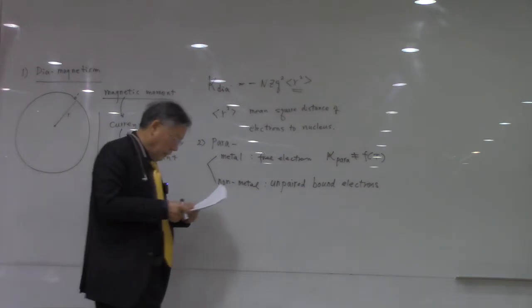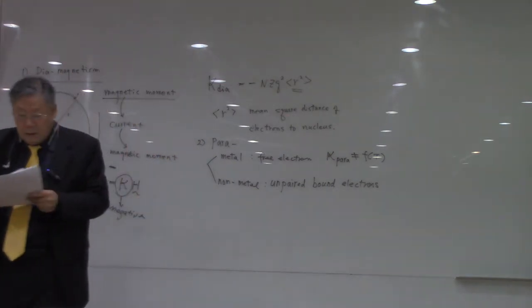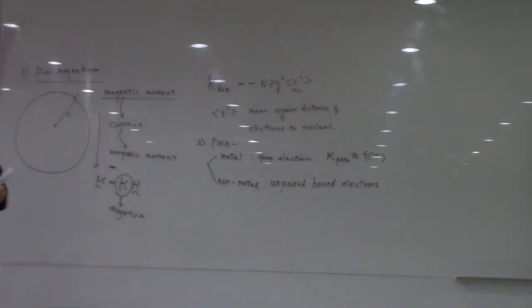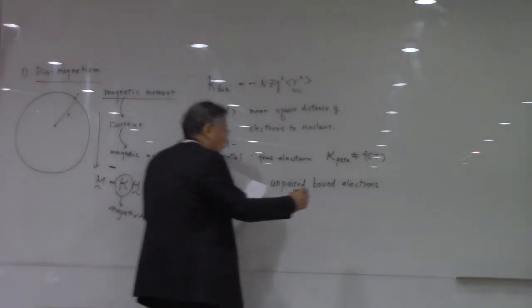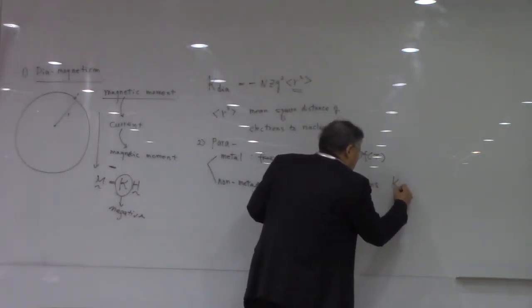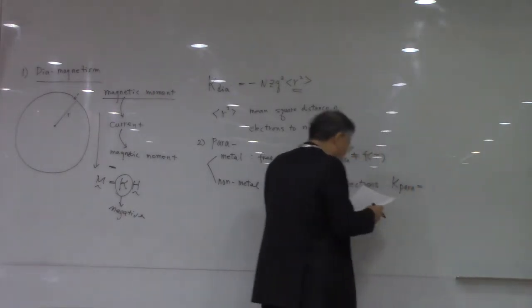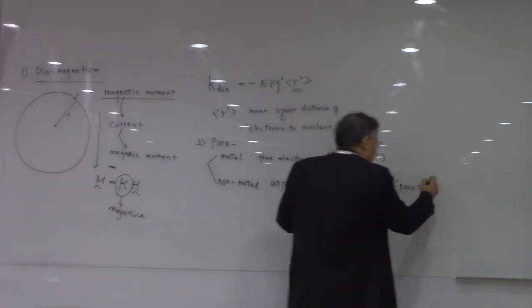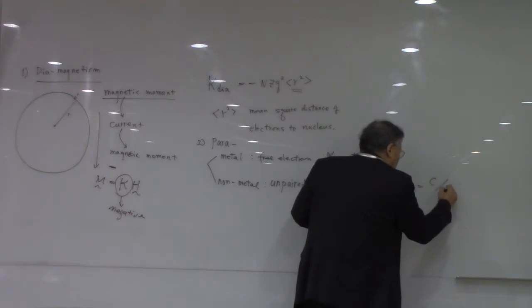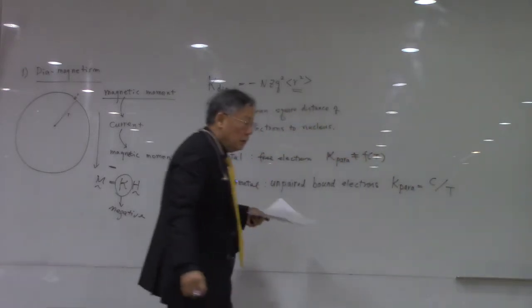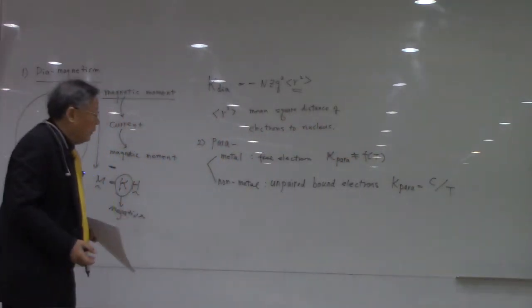Okay? And then in this case, the chi para is, of course, a function of temperature, such that it's inversely proportional to the temperature.